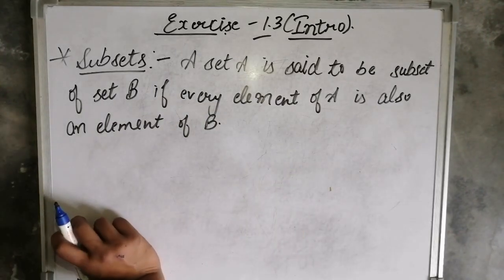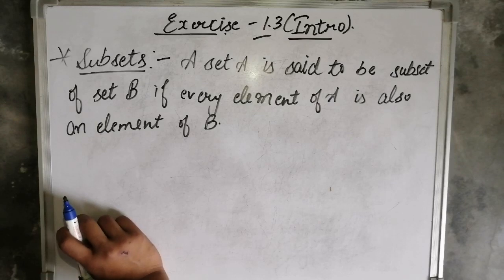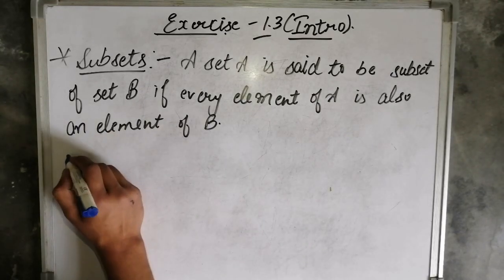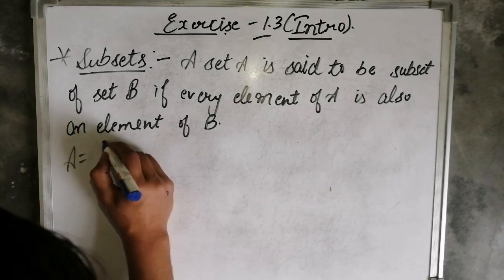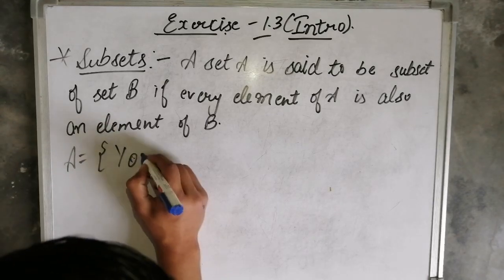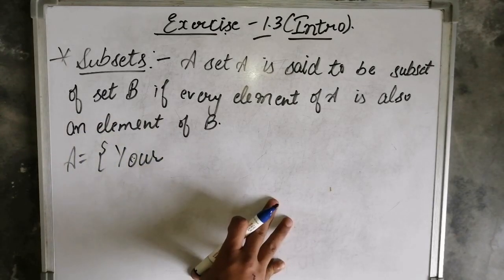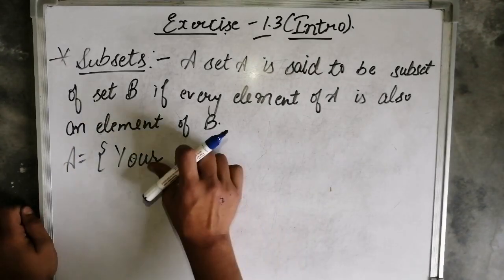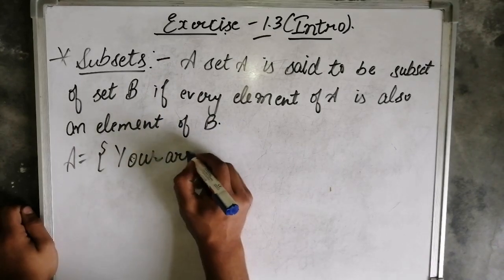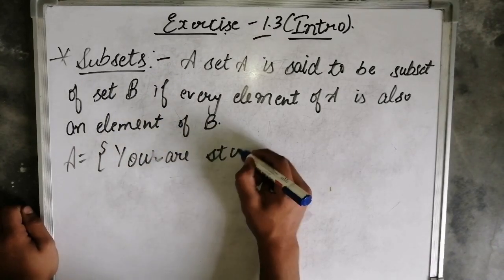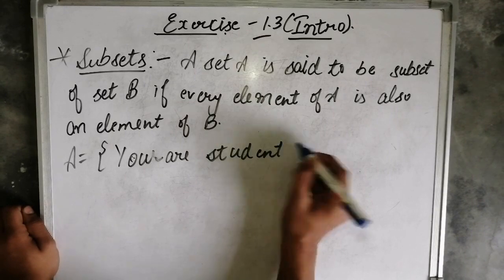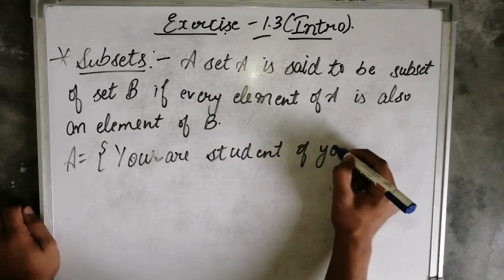Okay. Let's take its example. Consider you are a student of your school. Let this set be A: you are a student of your school.